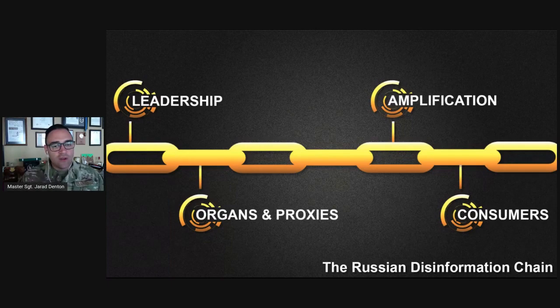And then it goes into the organs and proxies, which is your Internet Research Agency. And those proxies take that message from the organ of the IRA. And the proxies are like RT. RT is a perfect example of a proxy. They will take a narrative from the IRA and weave an entire story around it.